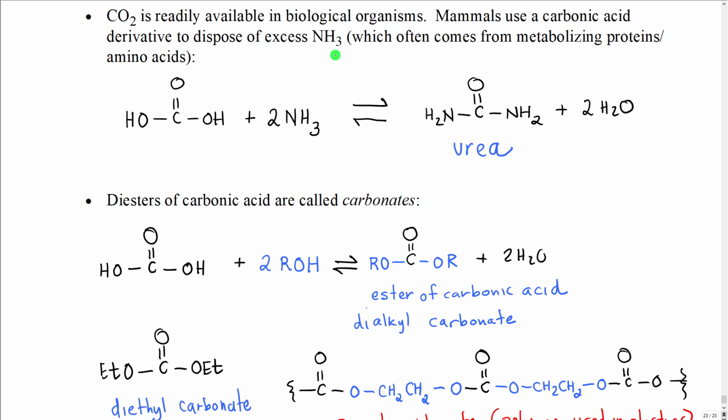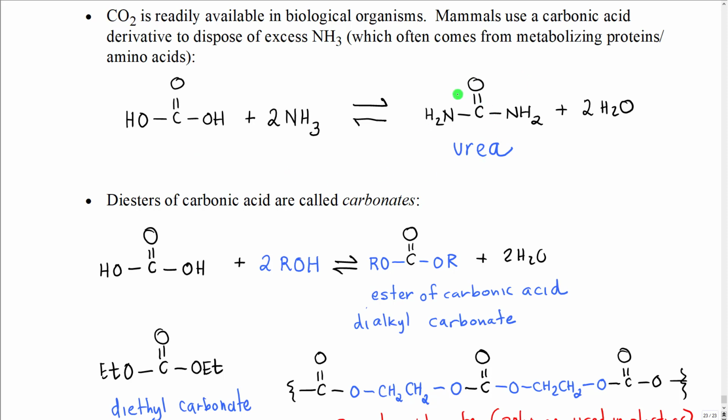So what it wants to do is essentially create a chaperone molecule to absorb the ammonia, create a molecule which is not as toxic as ammonia, that can then be water soluble, shipped to the kidneys, and be removed by filtration. The molecule that has evolved for that process in mammals is urea.